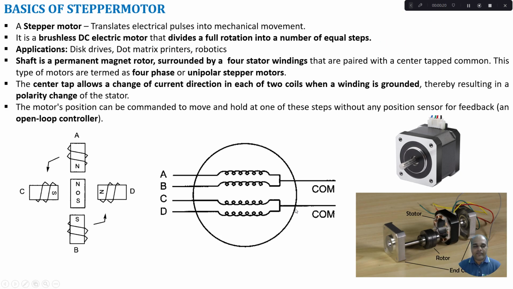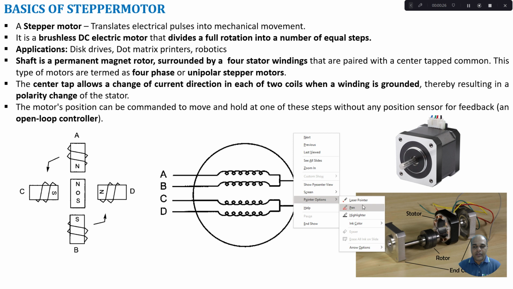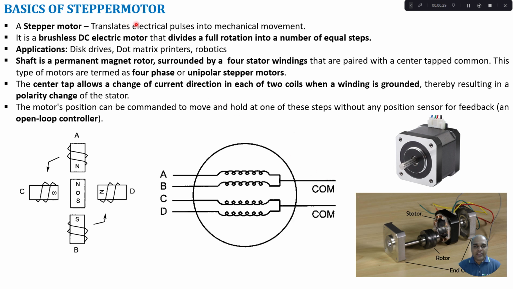First, let us start understanding the fundamentals of a stepper motor. A stepper motor translates electrical pulses into mechanical movement. So when we apply a voltage or current to a stepper motor, it converts this electrical signal into mechanical movement.